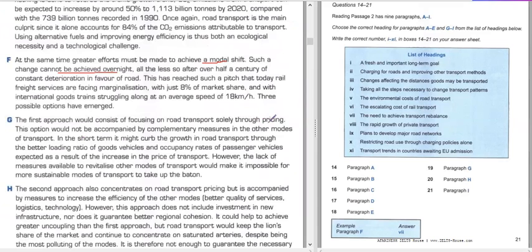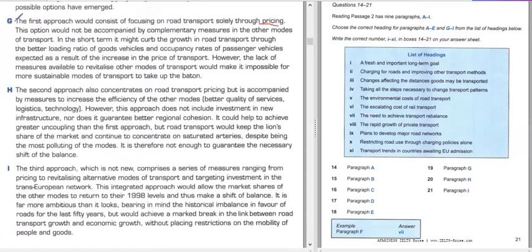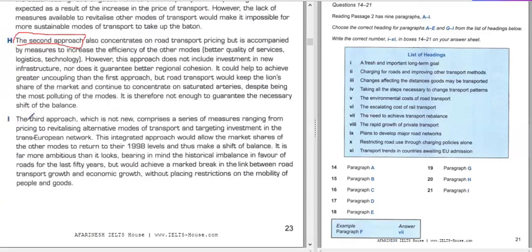It talks something about pricing. The second approach also concentrates. So this is the first approach, this is the second approach. So basically what I'm doing, the third approach comprises a series of measures ranging from pricing to revitalizing alternative modes of transport.